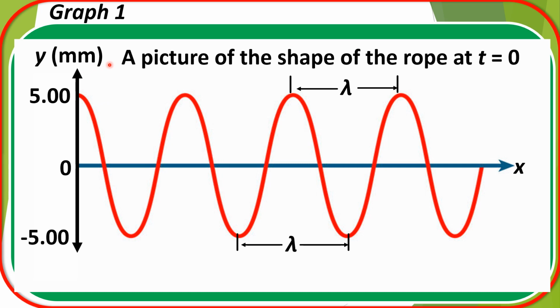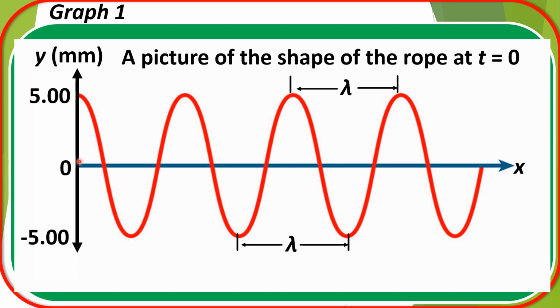Graph 1 shows the wave function y of x and t as a function of x for a specific time t equals 0. It gives the displacement y of a particle from its equilibrium position as a function of the coordinate x of the particle.